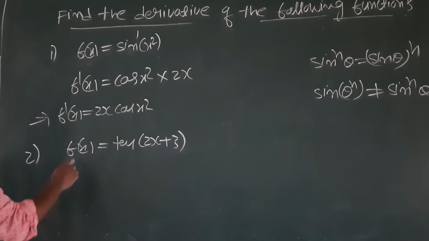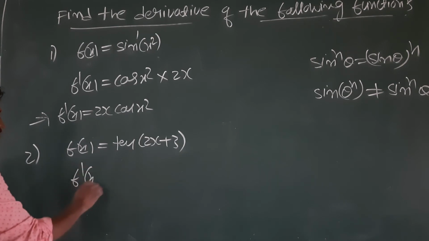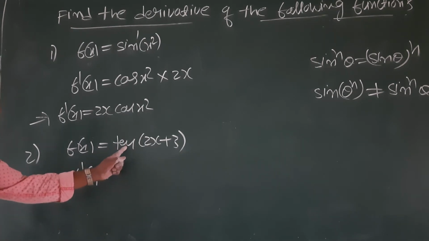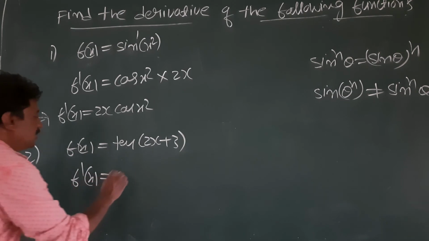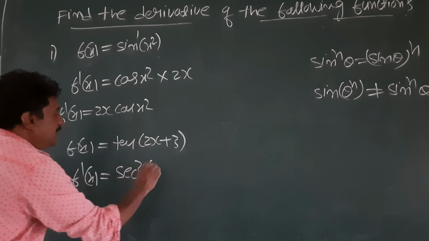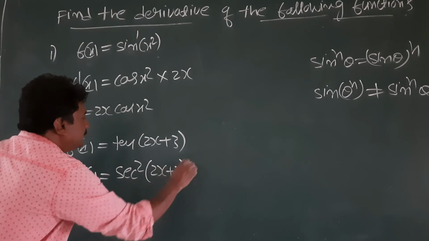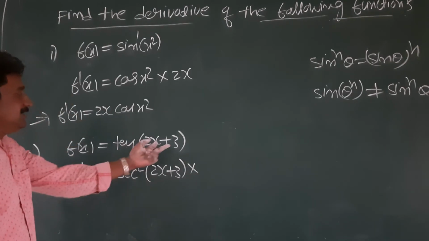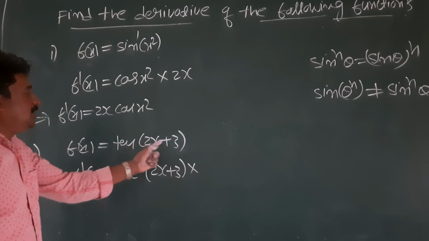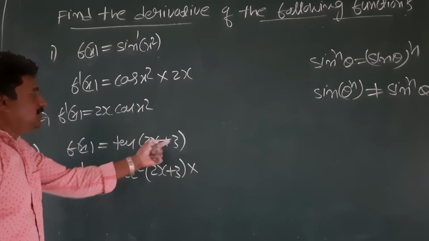So differentiation of f(x) is f dash x. First differentiate tan. Differentiation of tan is secant square; keep the angle as it is, 2x plus 3. After differentiating tan, get inside. Differentiate 2x plus 3. Differentiate 2x, then 3.